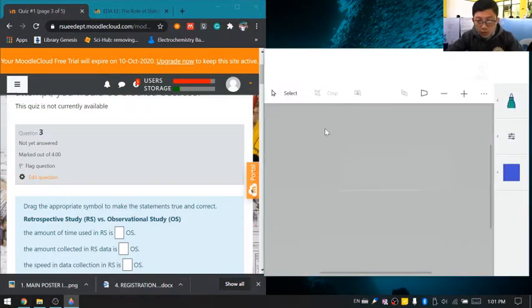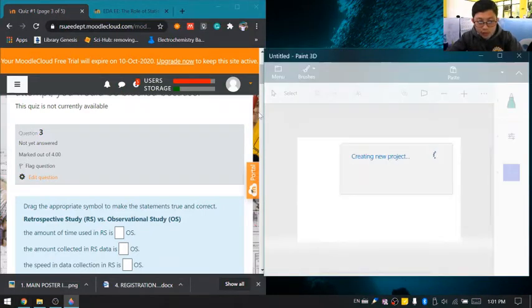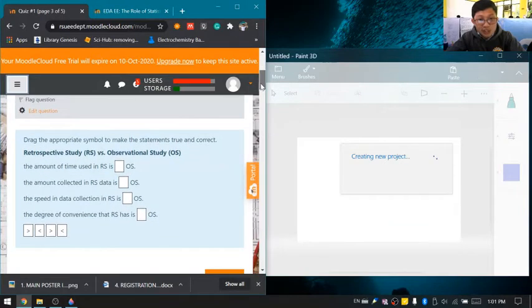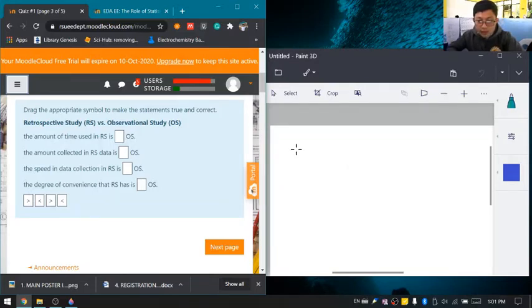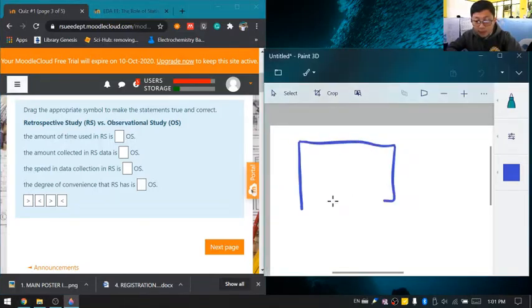Alright, so for this one, it's really interesting to know that subsets, sample spaces, and events are really important. Now, just to make a representation here, this is your sample space, okay?